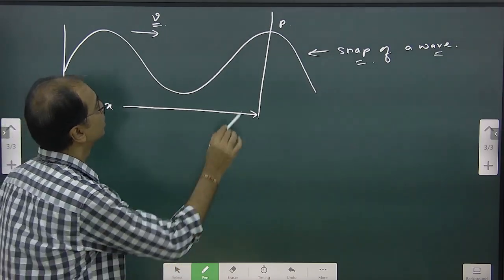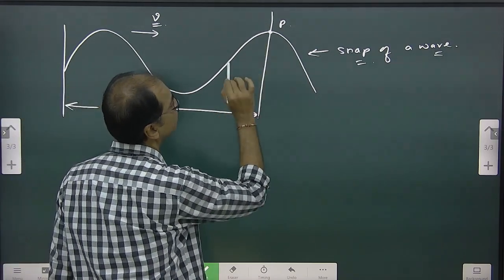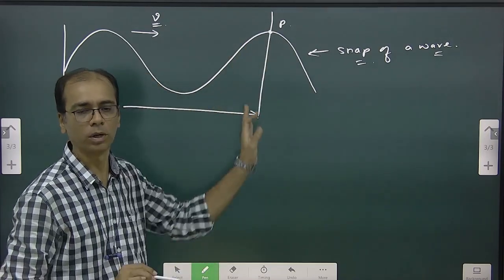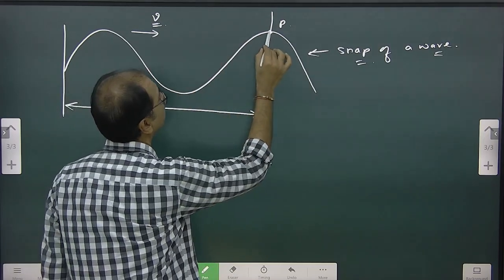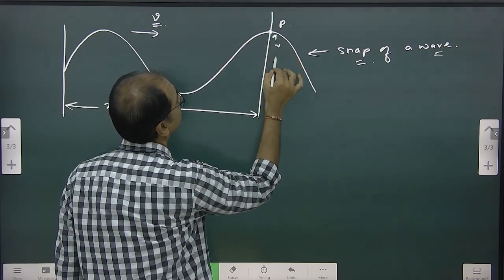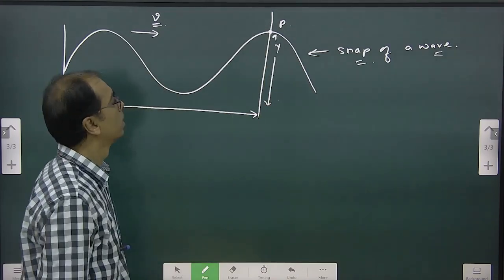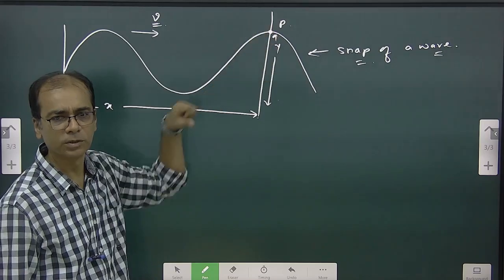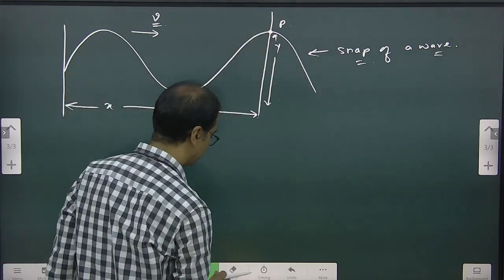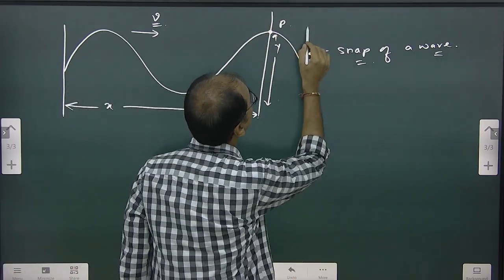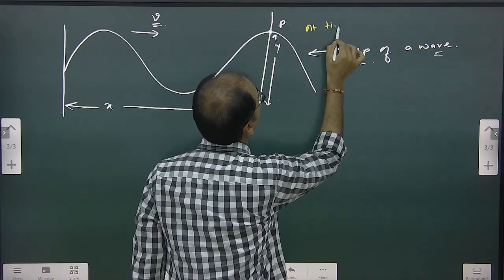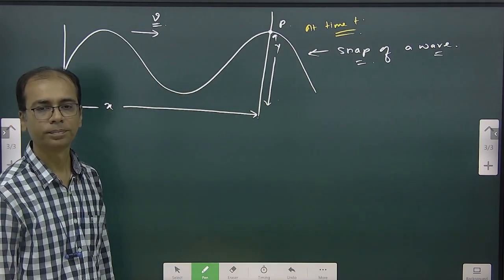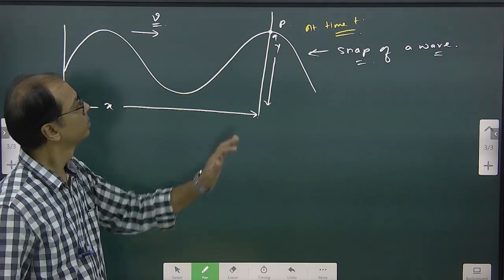So now this point P, whatever its position is, this y coordinate, this point y, this coordinate is y. Now at any time t, this point P is at this position. That also I write at time t.